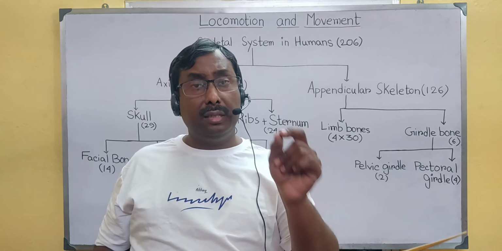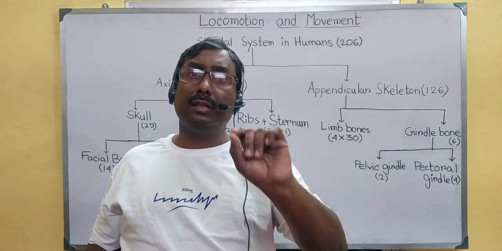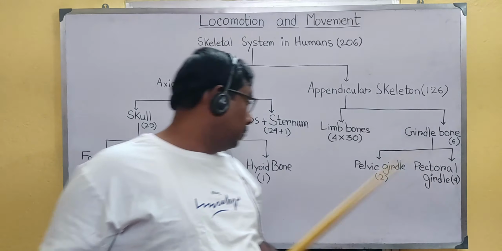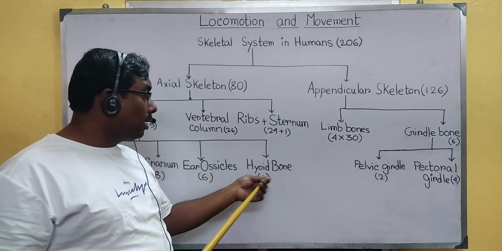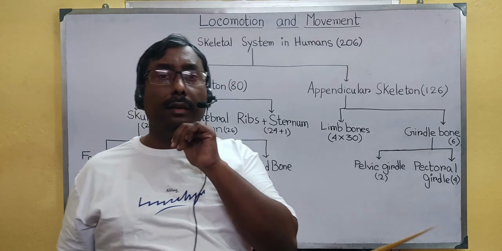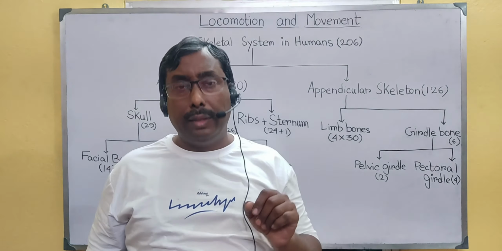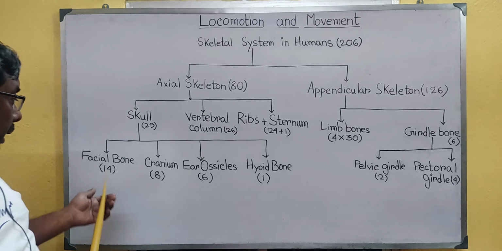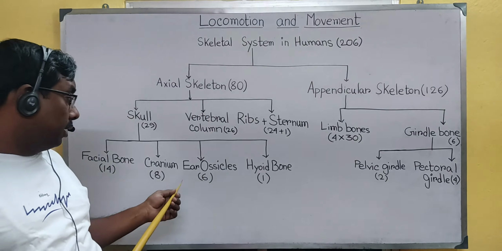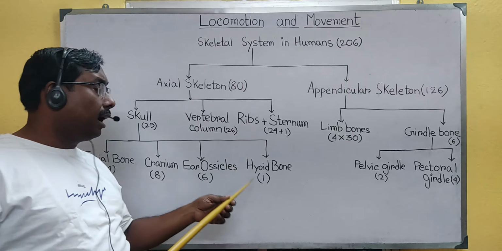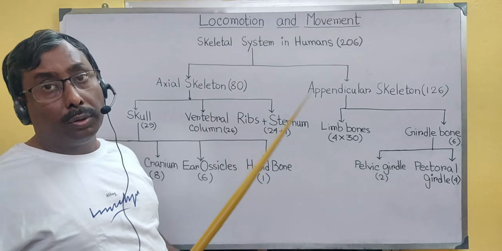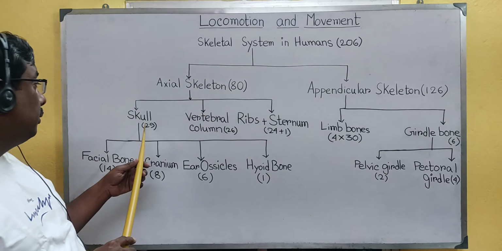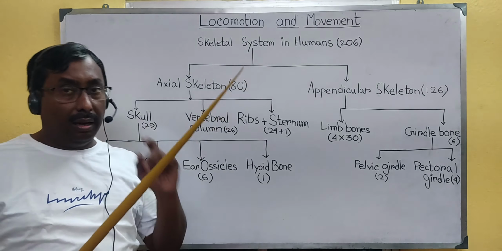Among them, the stapes is the smallest bone of the body. Next, another bone is the hyoid, situated in this portion. We will look at that too. Hyoid bone is 1. So, facial bones 14, cranium bones 8, ear ossicles 6 and hyoid bone 1. If we sum all these up, we get 29 bones in the skull.